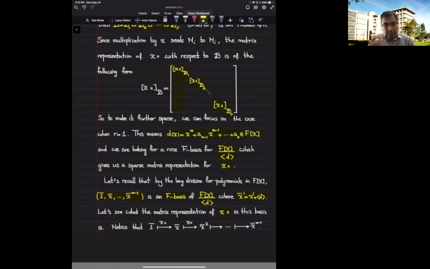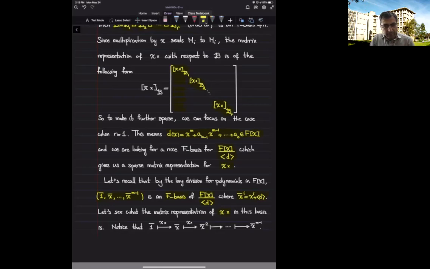So when I apply this linear transformation to the jth element of this basis, whatever coefficients I get, I have to write them in the jth column. Putting together all these vectors, we end up getting the matrix representation of multiplication by x in this basis.